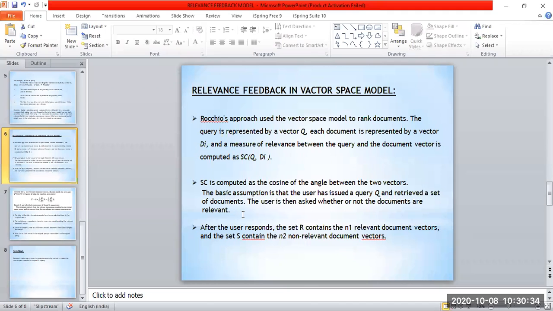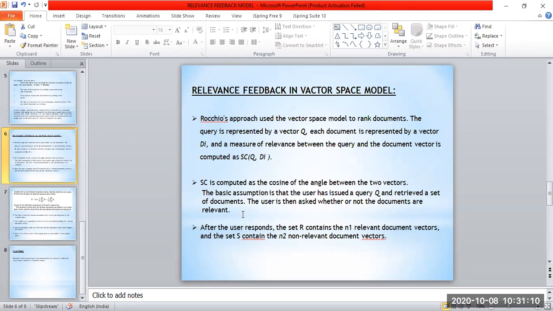Each term in the query and each document are represented as vectors in a vector space, and the similarity coefficient between the query vectors and the document vectors is measured. To measure the similarity coefficient, we can use many techniques, but in the previous topic we used cosine similarity.